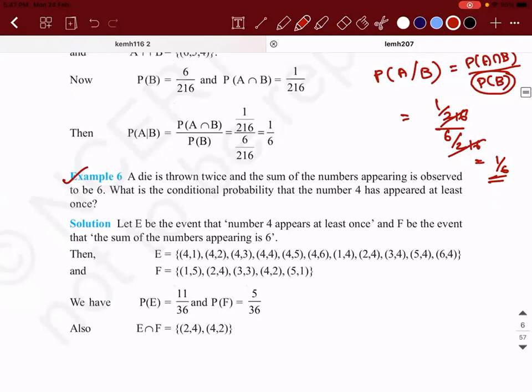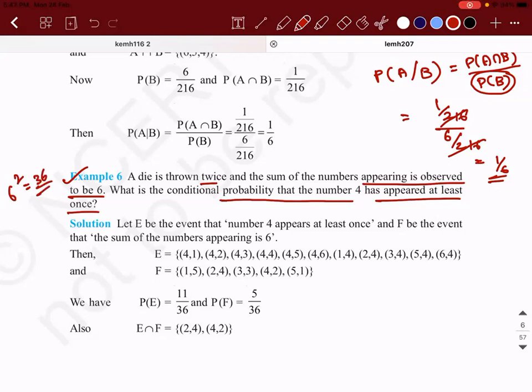Example 6. A die is thrown twice and the sum of the numbers appearing is observed to be 6. What is the conditional probability that the number 4 has appeared at least once? So tell me. A die is thrown twice, so how many outputs are there? 6 power 2, that is 36 outputs.